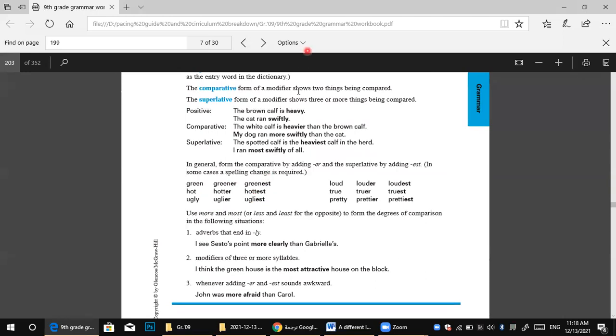Let's try to summarize this. In the comparative, that means one to one, we write: is plus adjective plus ER plus than.